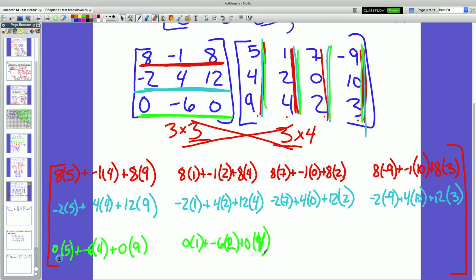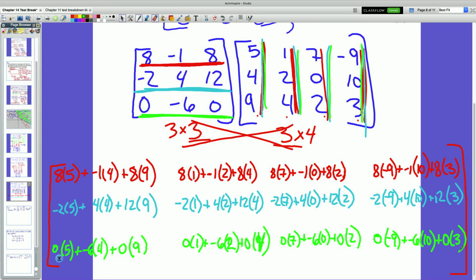Wow, struggles are real right now. Okay. And then third column, 0 times 7 plus negative 6 times 0 plus 0 times 2. And the last column, 0 times negative 9 plus negative 6 times 10 plus 0 times 3.